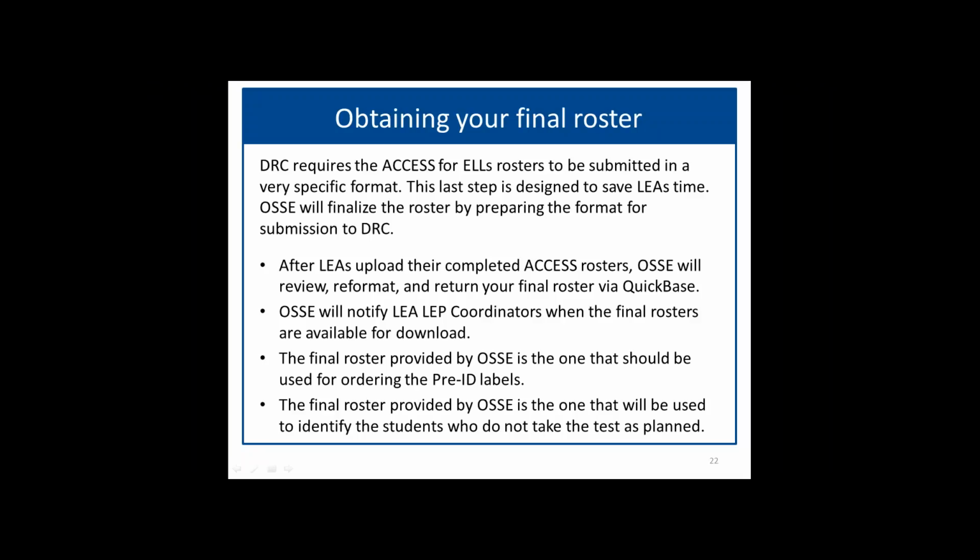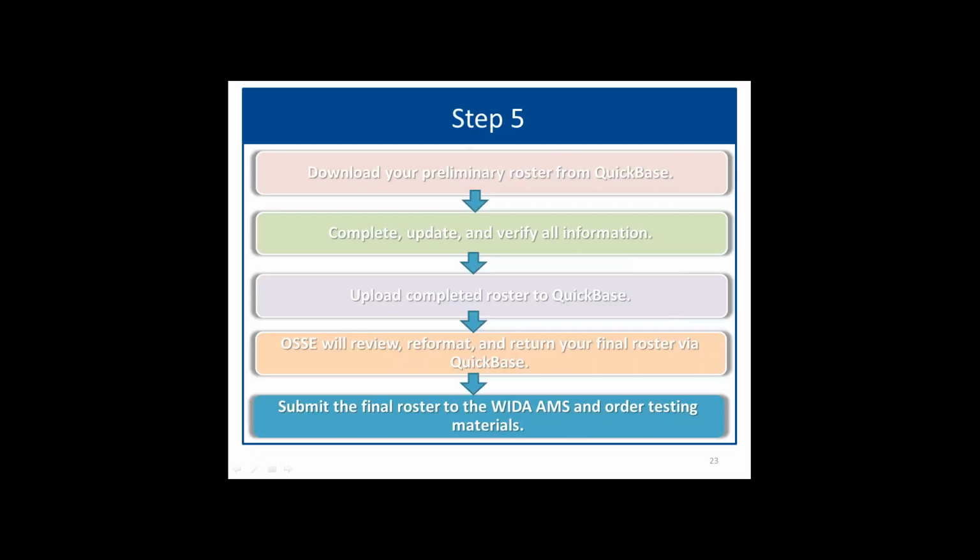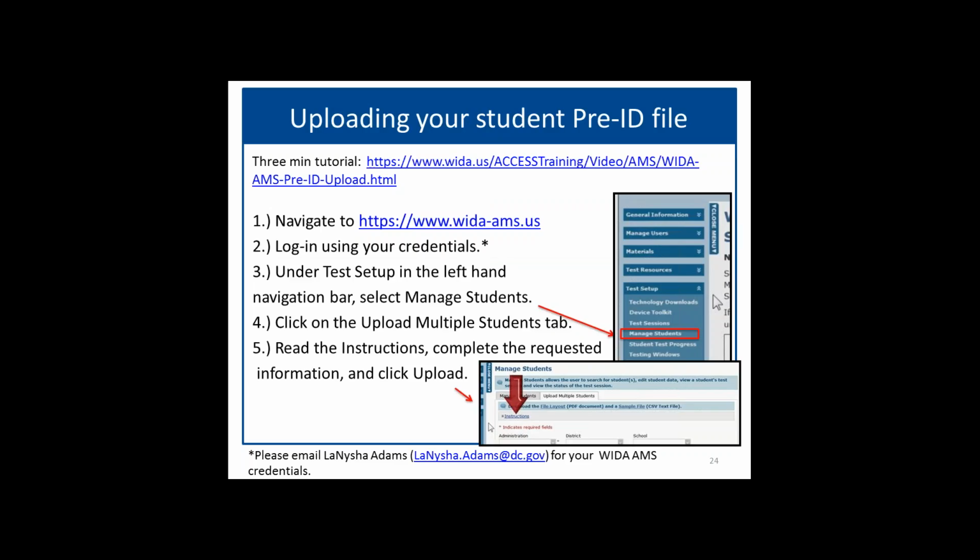The next step after you have your final roster, which should come within a week after you have submitted your roster, is the last step of this process, which is ordering your test materials from WIDA using the WIDA AMS.